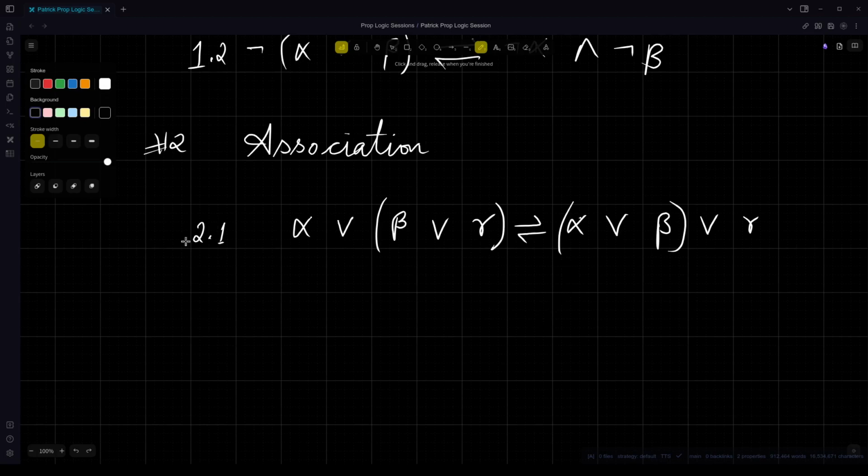So that's association. And what do you think is going to be the second one? Same thing, but with conjunctions. Exactly.